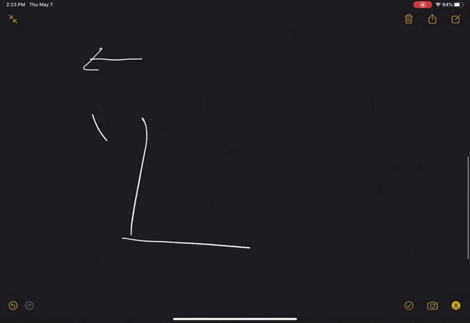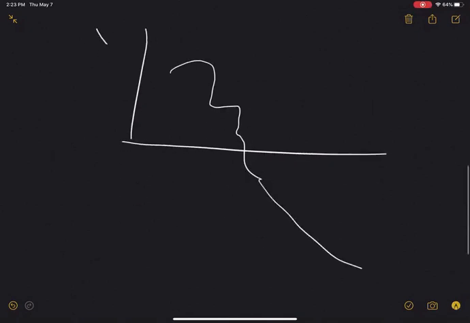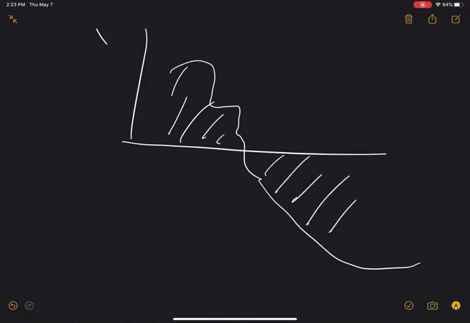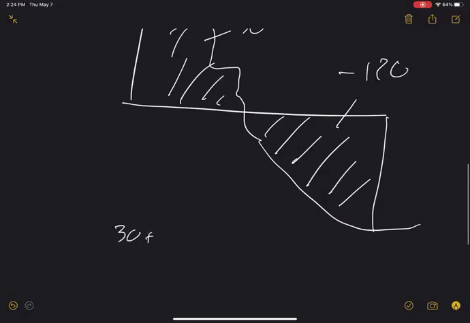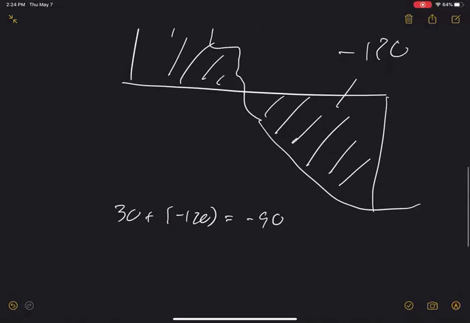If, on the other hand, I had a function that looked like this, positive for a little while, and then a lot more negative, maybe this value is 30 and this is negative 120. So in total, I've traveled negative 90 miles east, which is just 90 miles west, right? So this is how this idea of signed area can be useful.